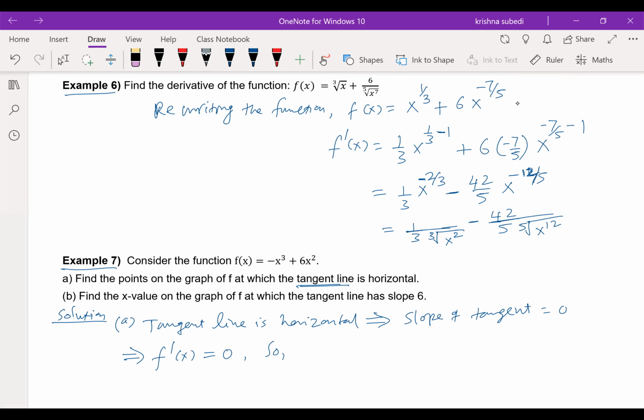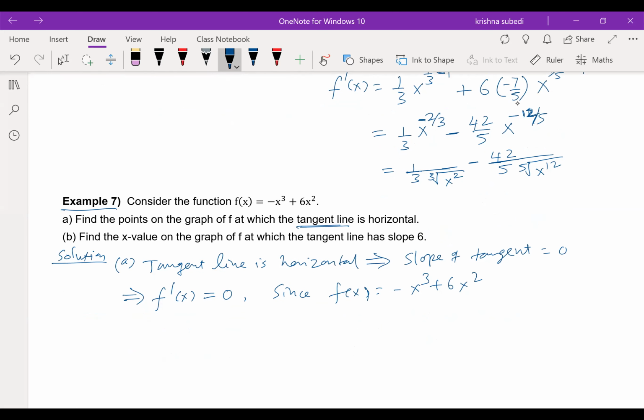We are given the function, f of x is negative x cubed plus 6x squared, so its derivative is negative 3x squared plus 6 times 2, which is 12x. This derivative is 0.